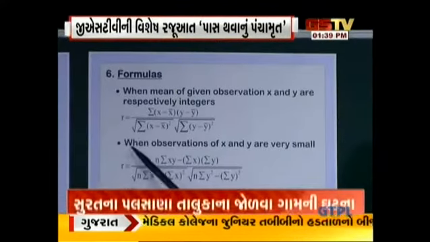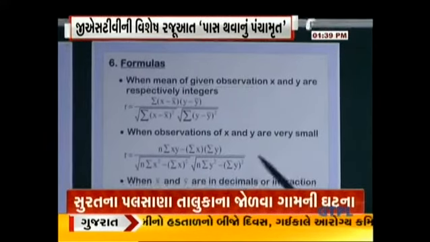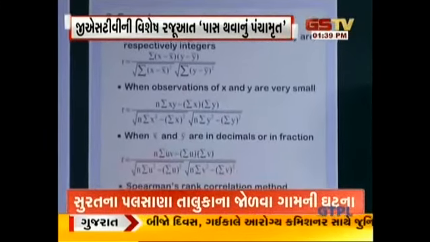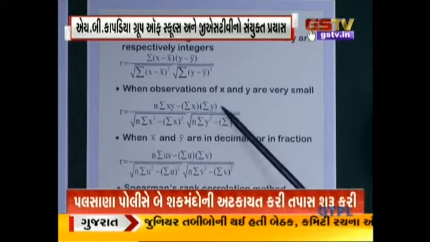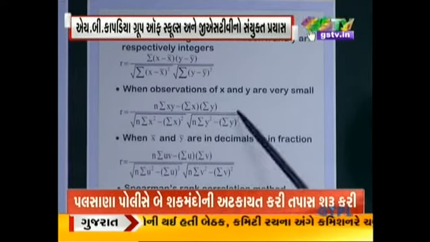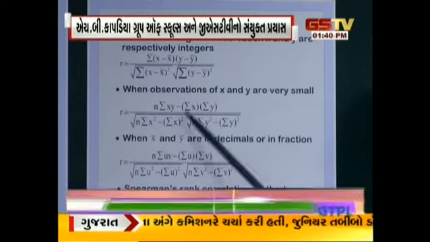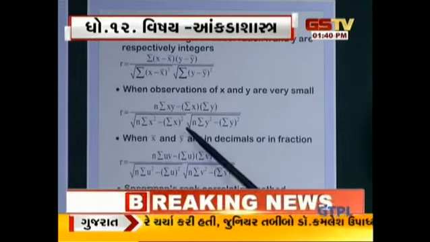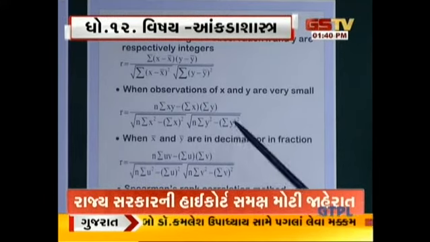Now second, when the observations of x and y are very small, we have to apply this formula. R is equal to n sigma xy minus sigma x into sigma y, whole upon root of n sigma x square minus (sigma x) whole square into root of n sigma y square minus (sigma y) whole square.